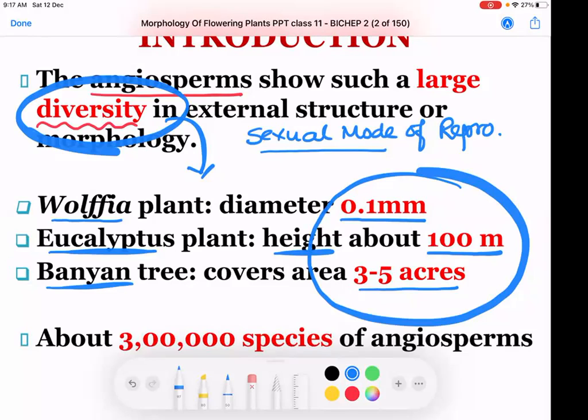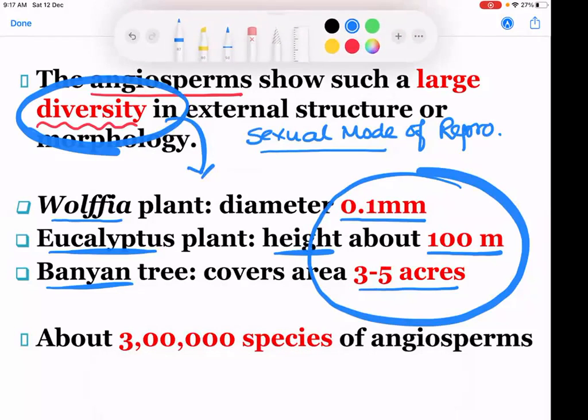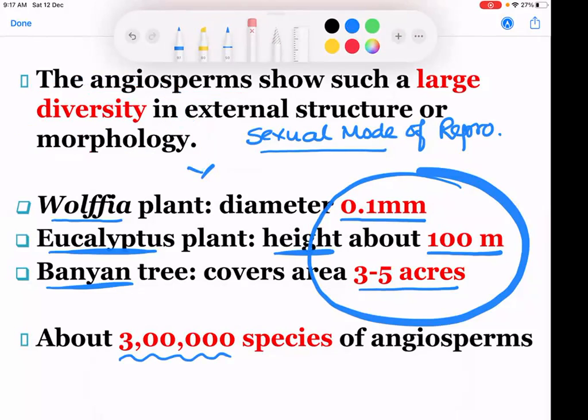Ready? So that shows the degree of the diversity by this example. Now, if I talk about the number of species of angiosperms, approximately 3 lakh species can be found around us. Right?